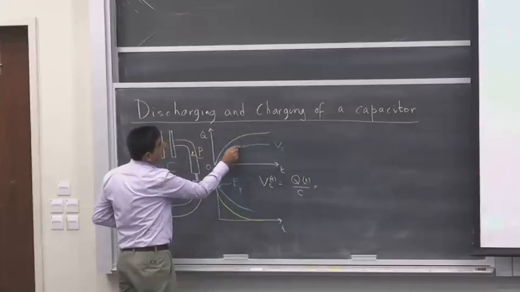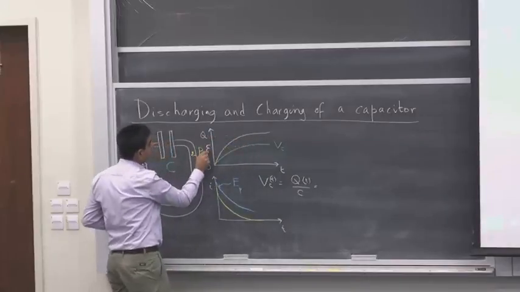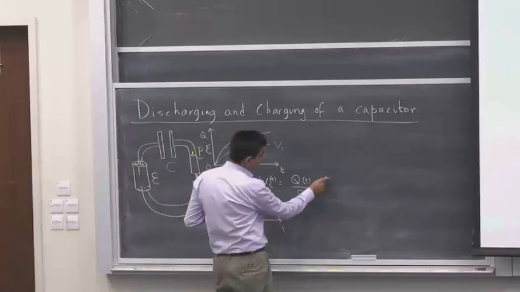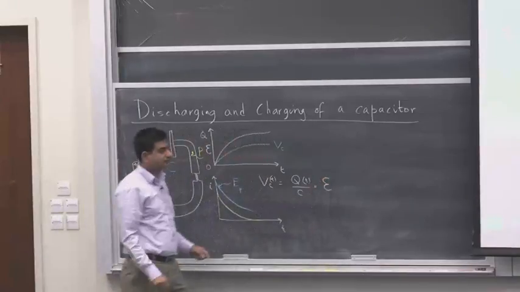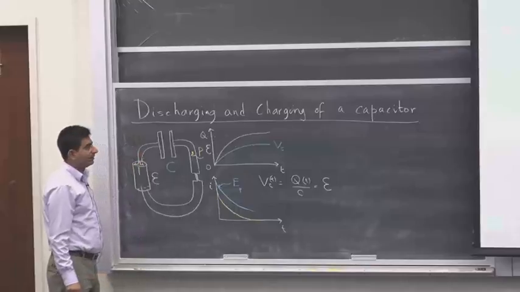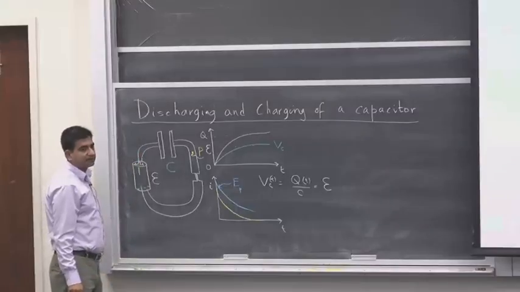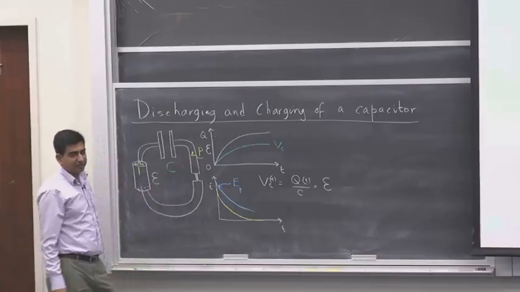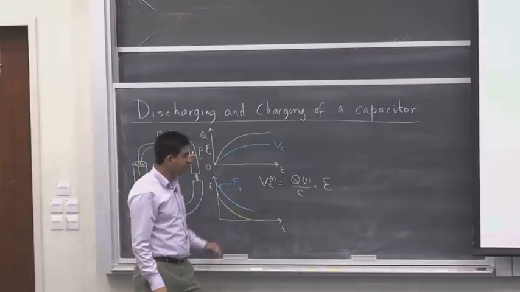This Vc asymptotes to a value which equals the EMF of this battery. So this Q over C asymptotes to E. That's the voltage across the capacitor when it is fully charged. And at this point the charge will cease.